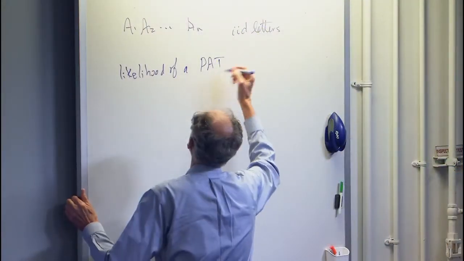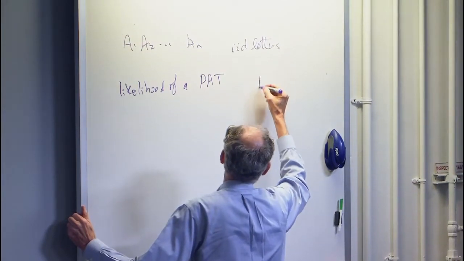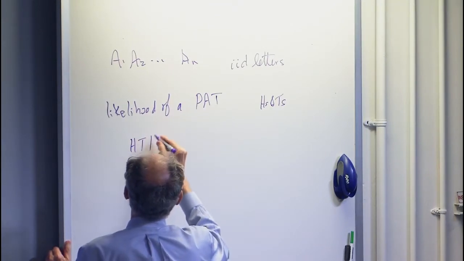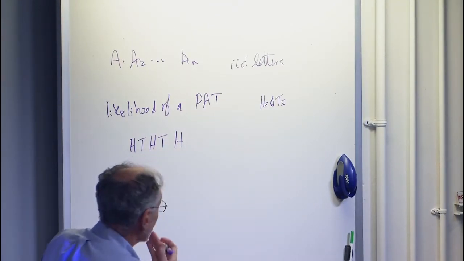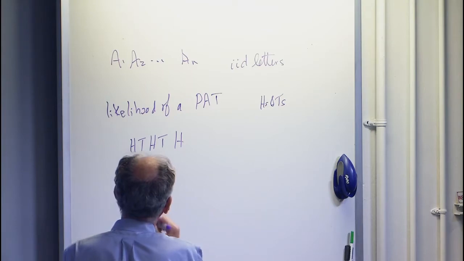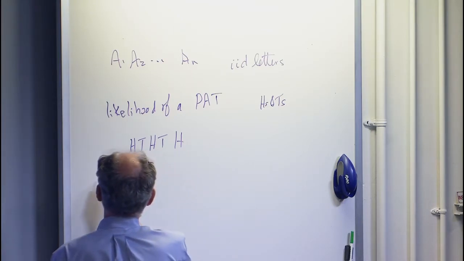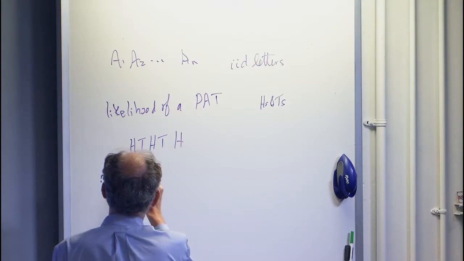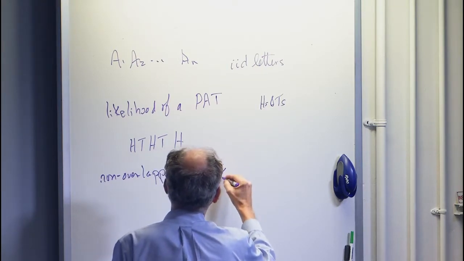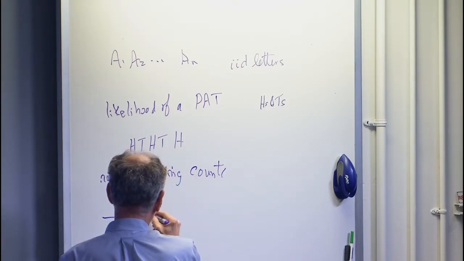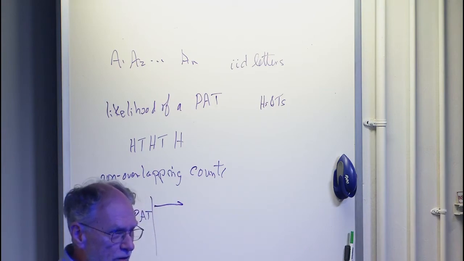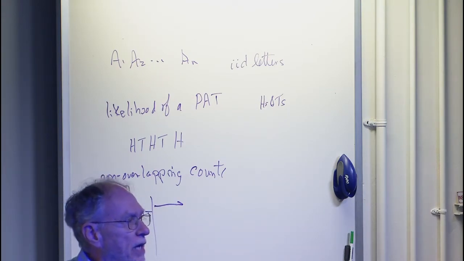Let's take the pattern to be heads and tails. And this non-overlapping counts. Go along until you find the pattern, and then you start over again. The last letter, you mark it, and then you begin as if you were beginning at the beginning of the sequence.